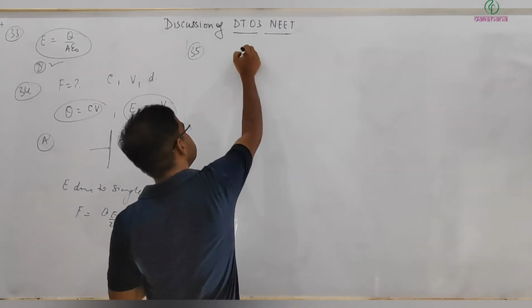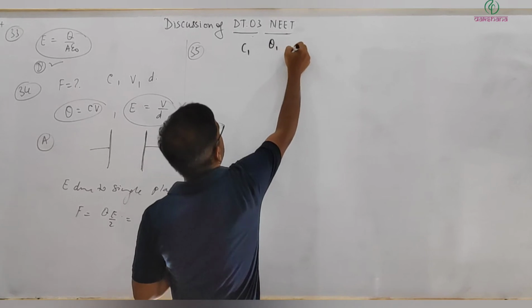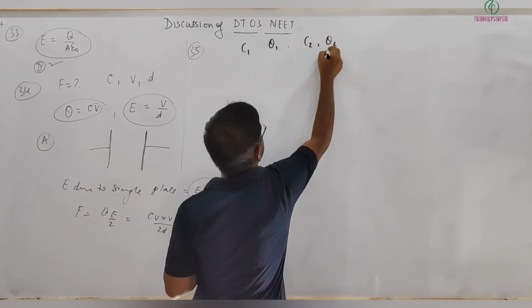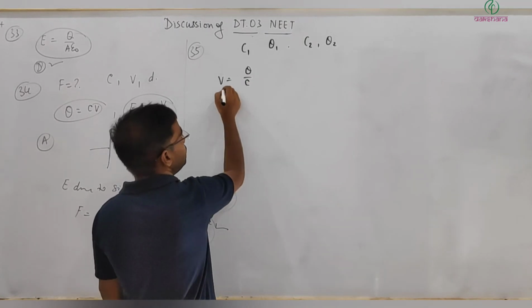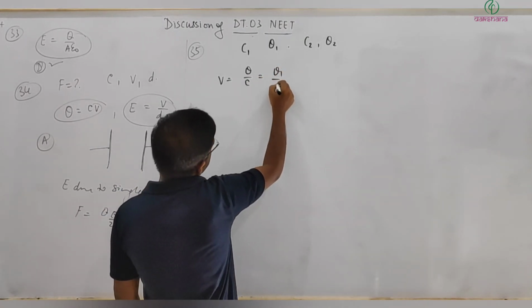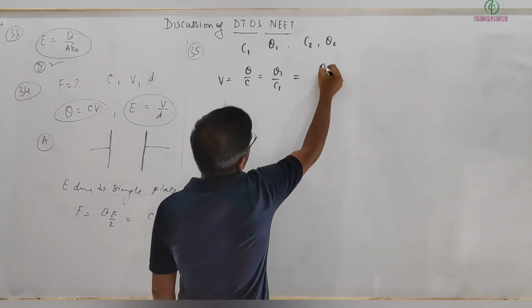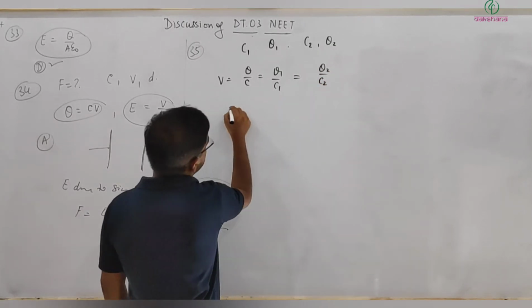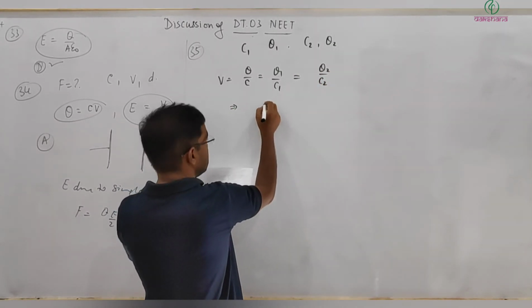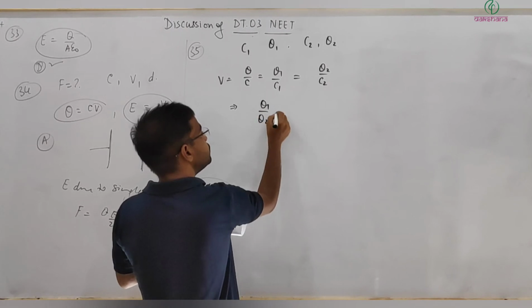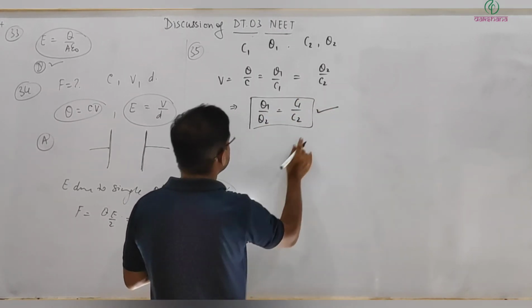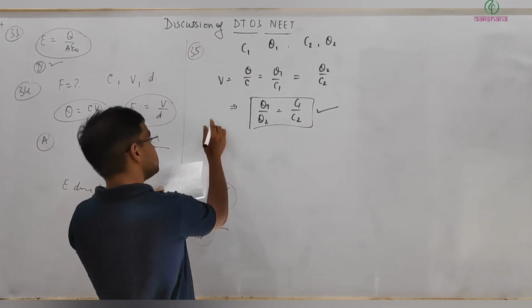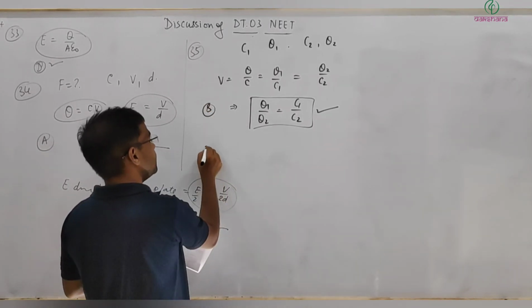So with C1 and Q1, and C2 and Q2 as the charges, the potential V is equal to Q by C. So V should be equal to Q1 by C1, which equals Q2 by C2, and this implies Q1 by Q2 will be equal to C1 by C2. This will be the condition, and that matches with option B.